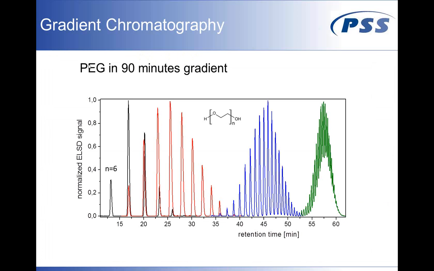That is shown here. Polyethylene glycols in a 90 minutes gradient, and what you see here is at low retention times these very nice oligomeric separations. And as you go to higher and higher retention times in this linear gradient, the peaks get closer and closer together, and the peaks become sharper. And in the end, you will end up with a very sharp peak at very high elution volumes.